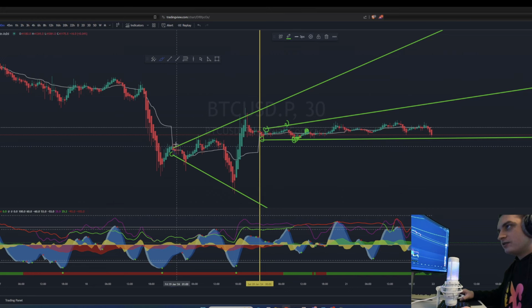You got the 1, 2, 3, 4 taps and you create that projection. If you can catch this bottom here, that's an insane long scalp back to the top of the trumpet. So the trumpet is an amazing pattern for catching the juiciest scalps.